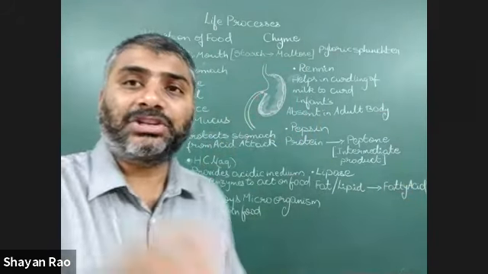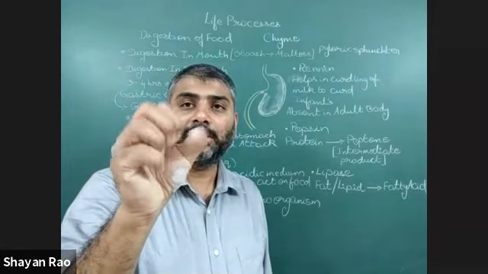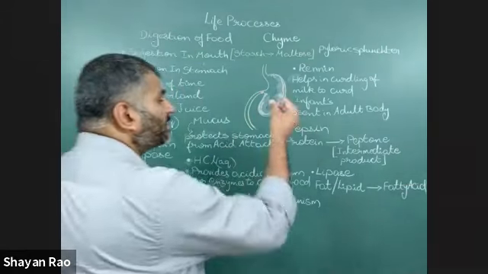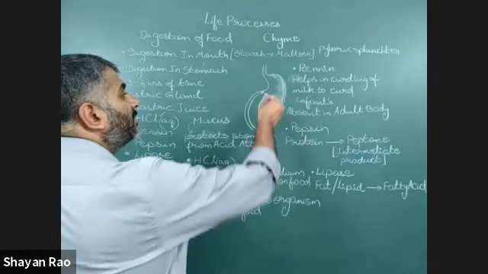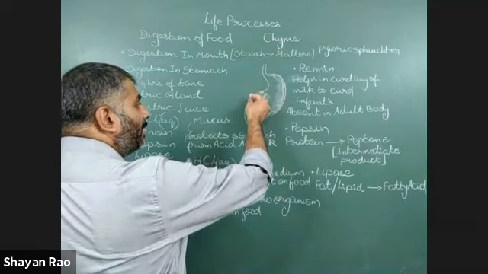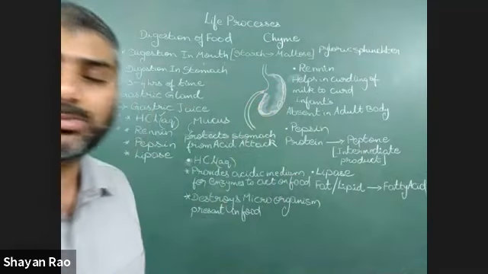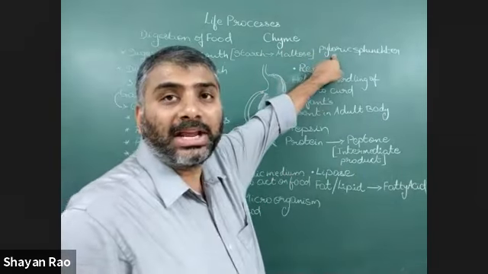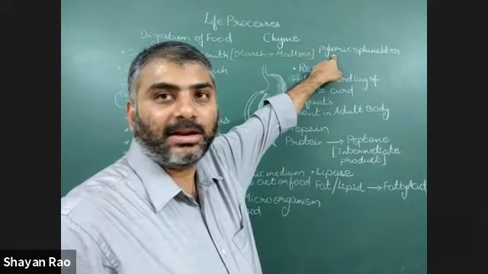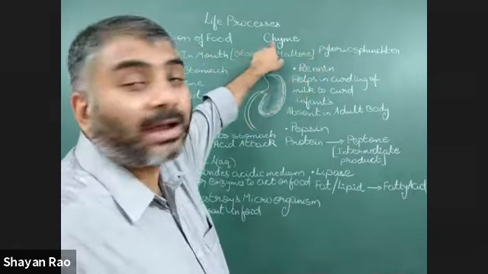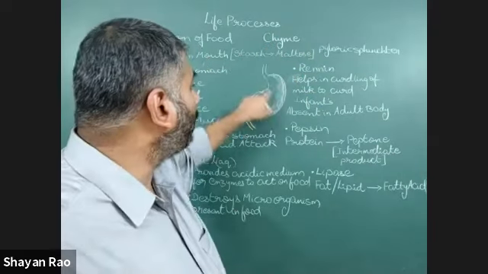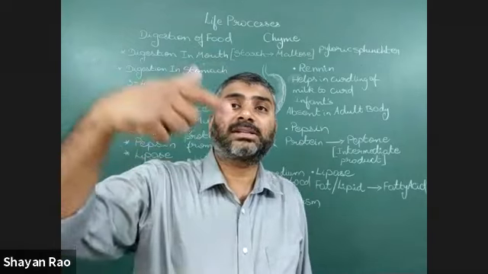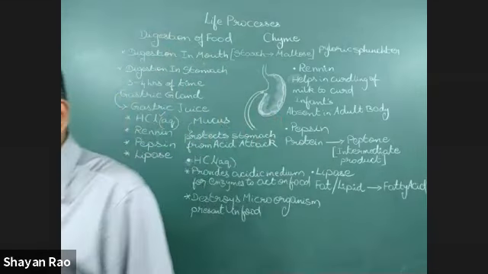The pyloric sphincter shows contraction, relaxation, contraction, relaxation. As a result, a small amount of food at regular intervals moves from the stomach into the duodenum. That is controlled by the pyloric sphincter. So what is going out of the stomach? Chyme is going out of the stomach for the further conversion of food into digested food molecules. Is that clear?